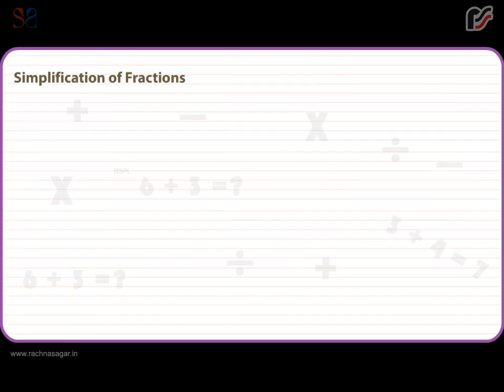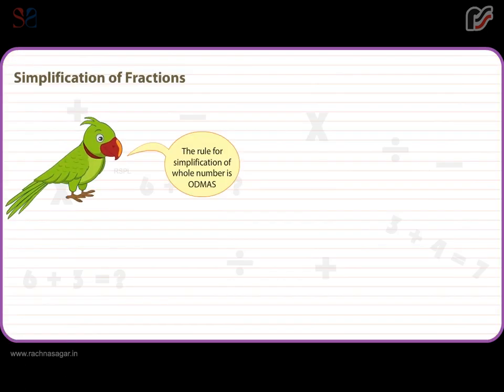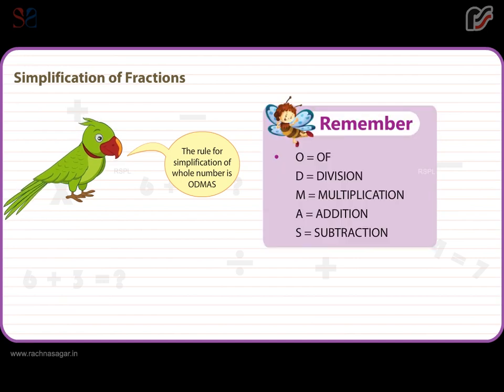Simplification of fractions. The rule for simplification of whole numbers is ODMAS. Remember, O is equal to of, D is equal to division, M is equal to multiplication, A is equal to addition, S is equal to subtraction.